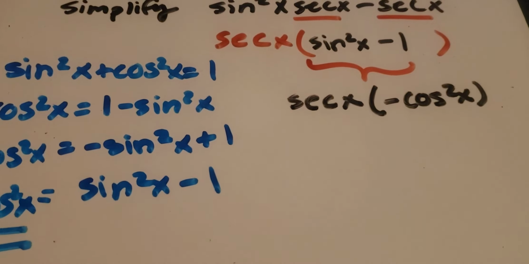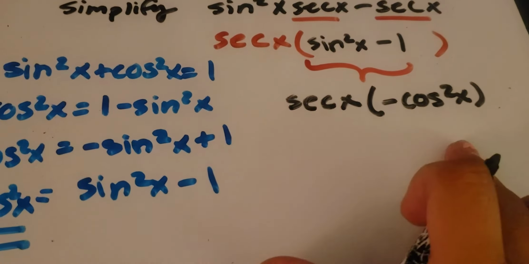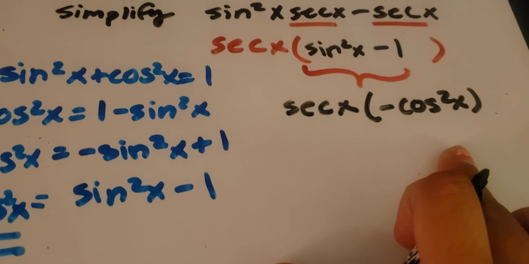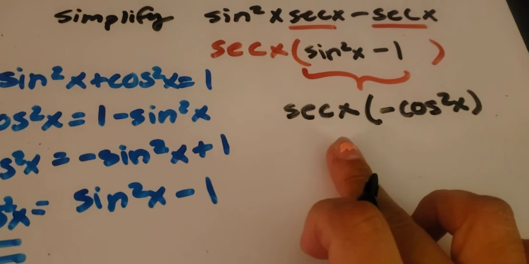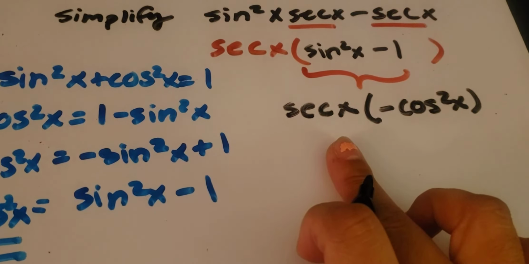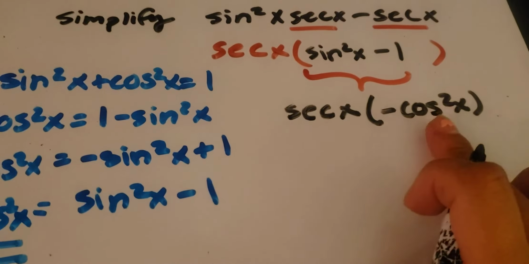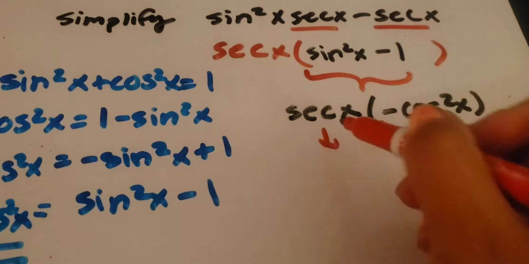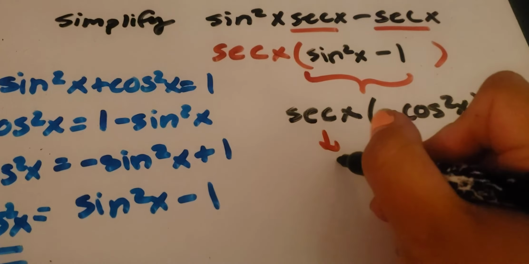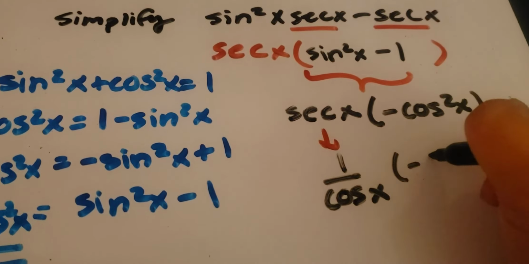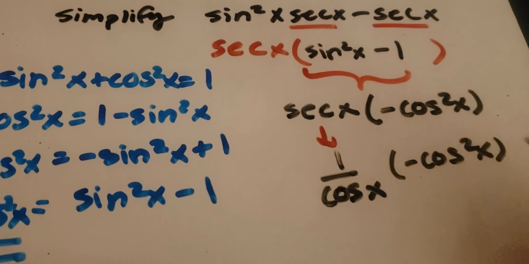Now I'm thinking, what can I do with the secant and what can I do with the squared of x? We know that secant is the reciprocal, 1 over cosine, which is really nice because here we have a cosine. So if I rewrite this, it would be 1 over cosine of x times negative cosine squared of x.